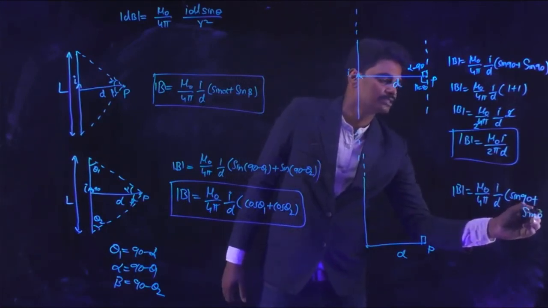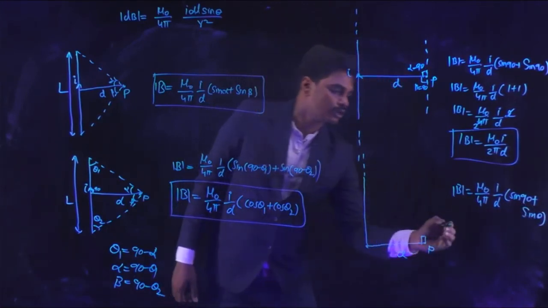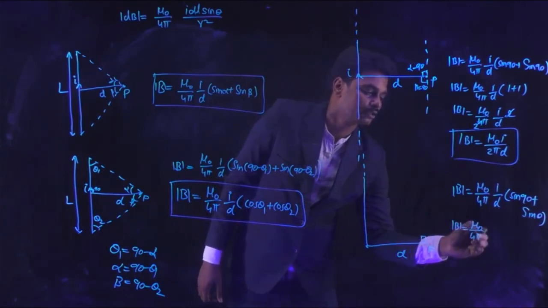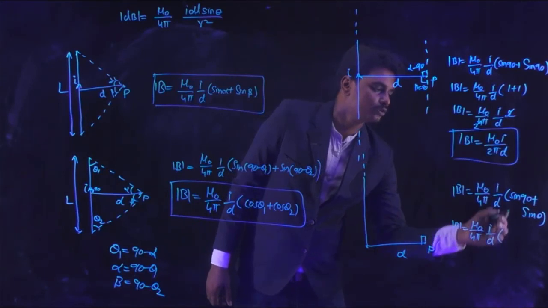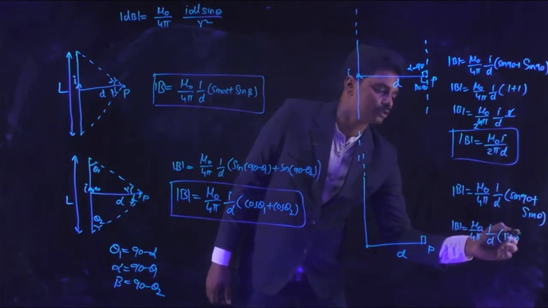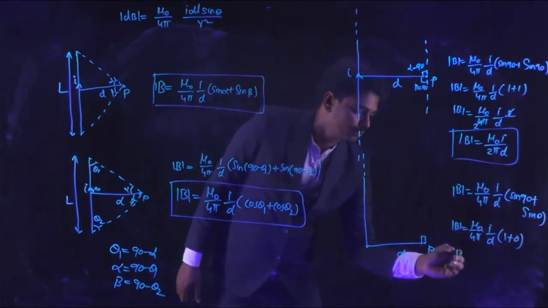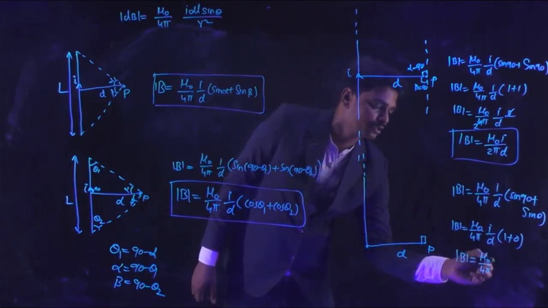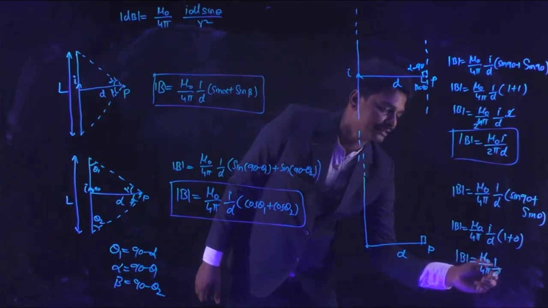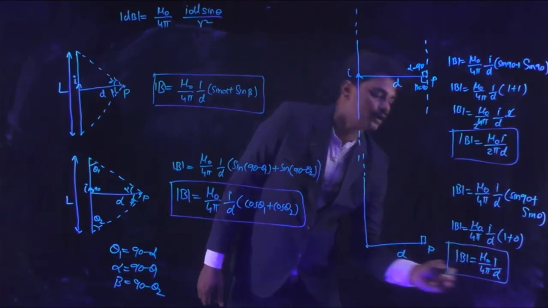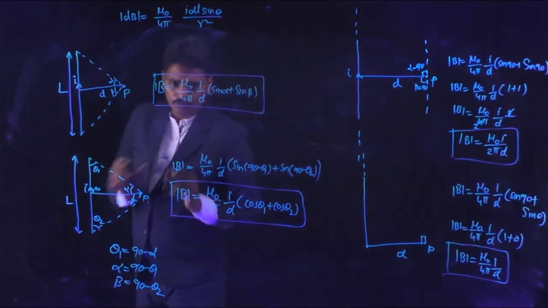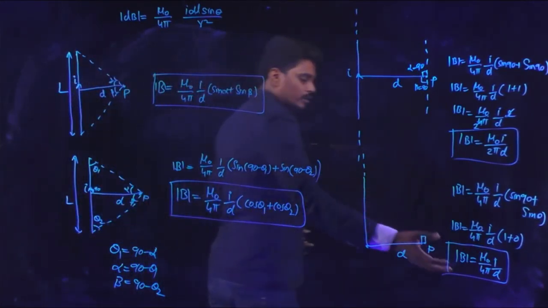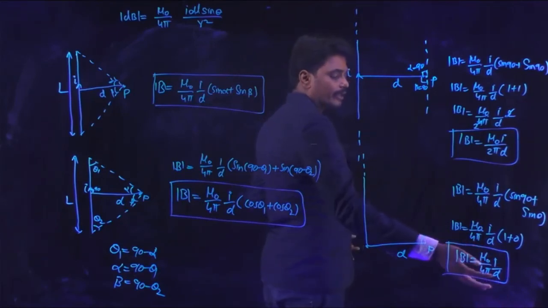So mod B is mu naught by 4 pi I by d into sin 90, which is 1, plus sin 0, which is 0. So if the point is at a distance d from one end of the wire, the strength of the magnetic field is mod B equal to mu naught by 4 pi I by d.